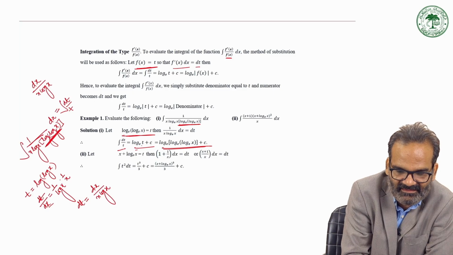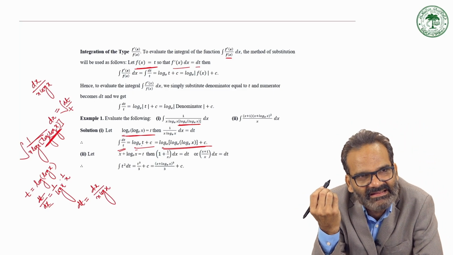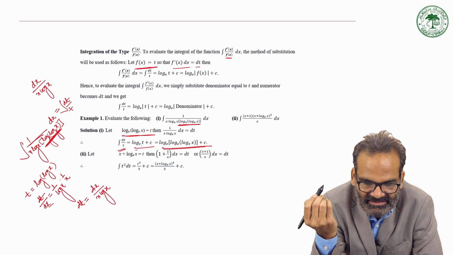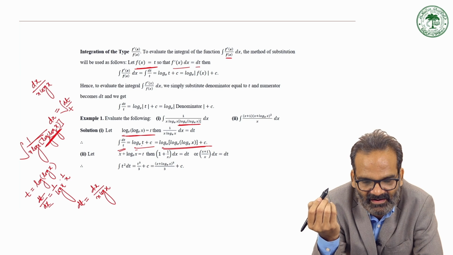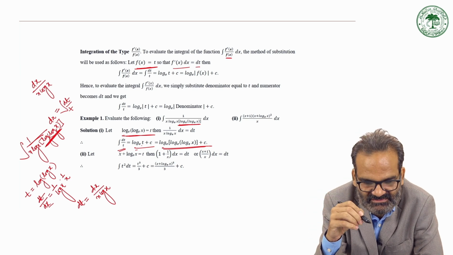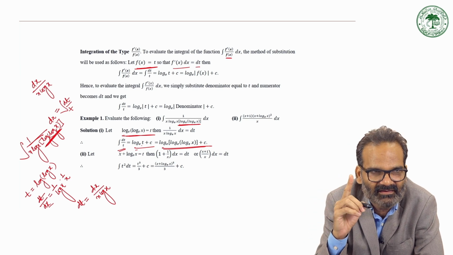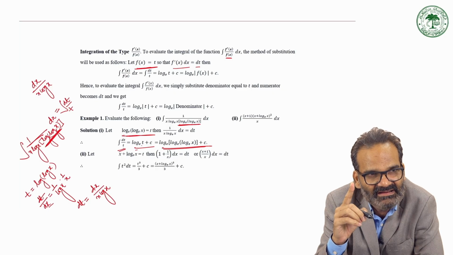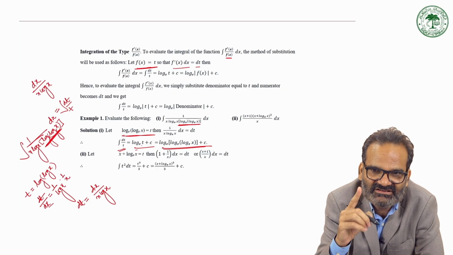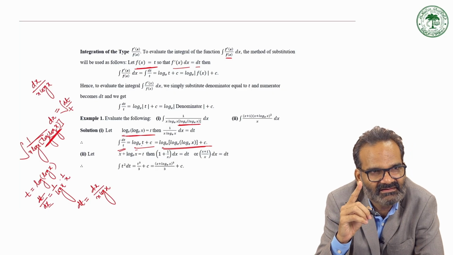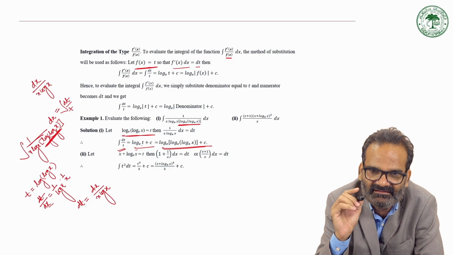The integral of 1 upon t is log t, and we replace the value of t that we substituted, because we cannot write our answer in terms of t. Rather, we should mention our answer in terms of x, because the function is given in terms of x.